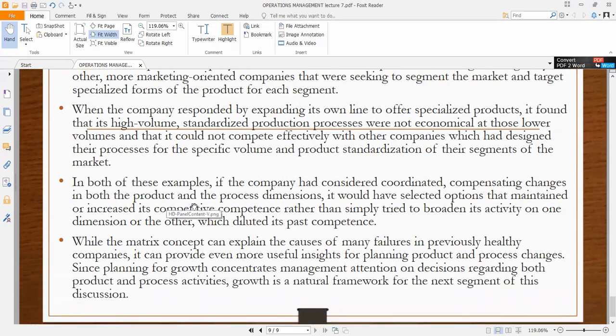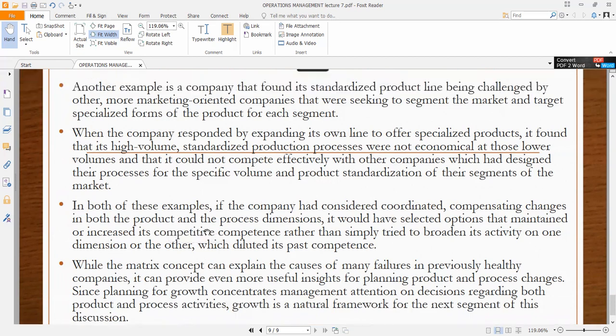Now, in both of these examples, and the first one explored in this chapter, if the company had considered coordinated and compensating changes in both the product and the process dimension, it could have selected options that maintained or increased its competitive competence rather than simply trying to broaden its activities on one dimension or the other, which diluted its past competence.